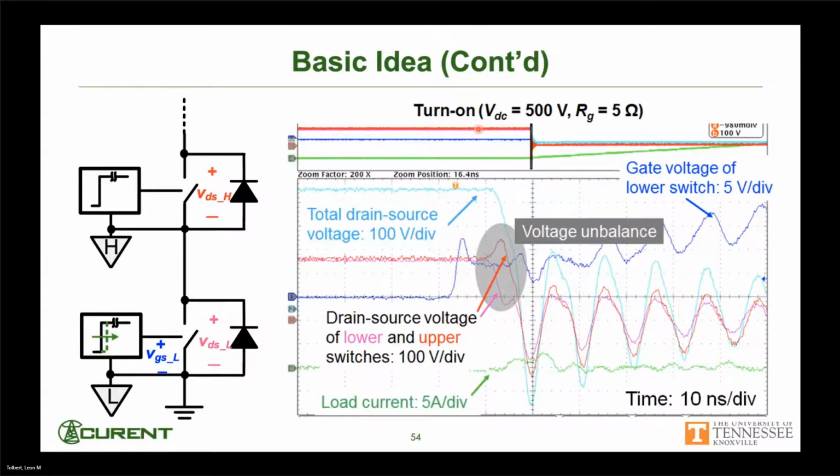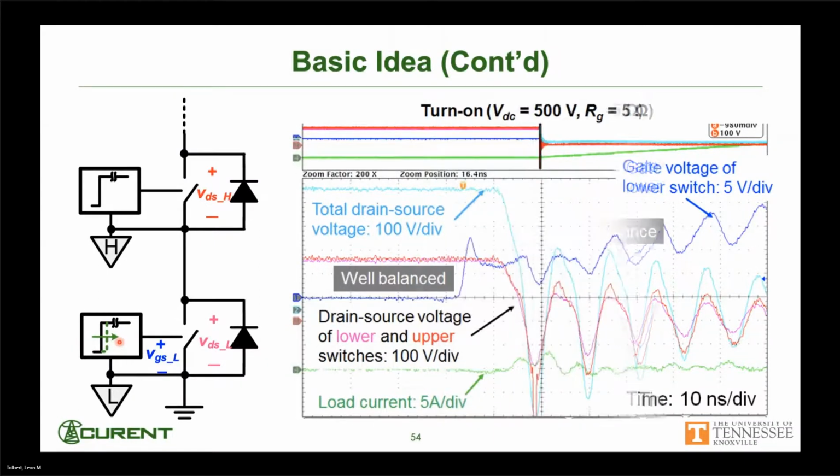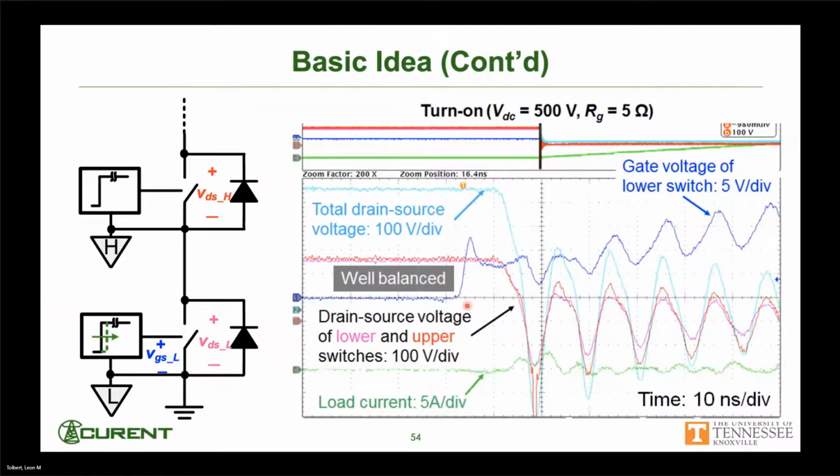So even at turn on, a lot of people say, well, what are you worried about there? There shouldn't be a whole lot of voltage once they've turned on, but just dynamically, there's quite a bit of difference. But again, if we can do a little bit of adjustment at that turn on point, you can see we end up with no dynamic voltage difference between the two devices.